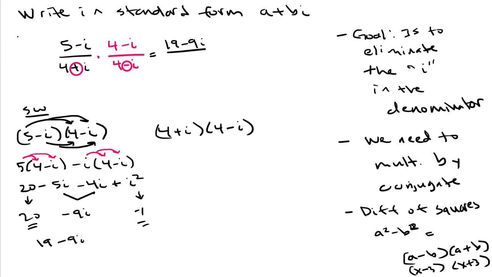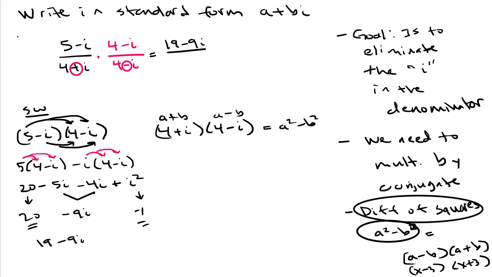Now for the second part, the 4 plus i times 4 minus i, I can do exactly the same thing. I can FOIL this out, but as I mentioned, this is basically the difference of squares. We have the 4 minus i and the 4 plus i, so I'm just going to use this formula. Again, if you don't feel comfortable doing that, please do the FOIL method. But since the formula's there, why not use it? This is my a, this is my b, so that's (a minus b)(a plus b), which equals a squared minus b squared.